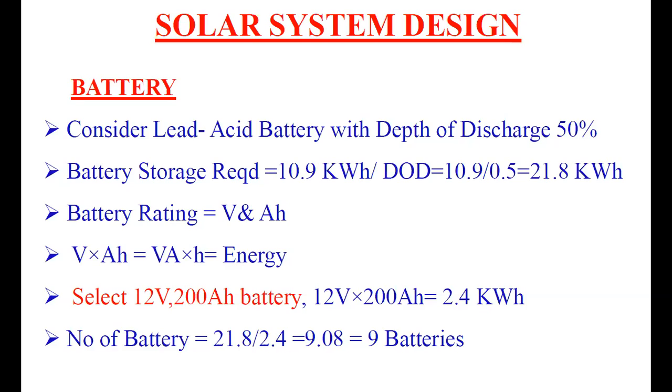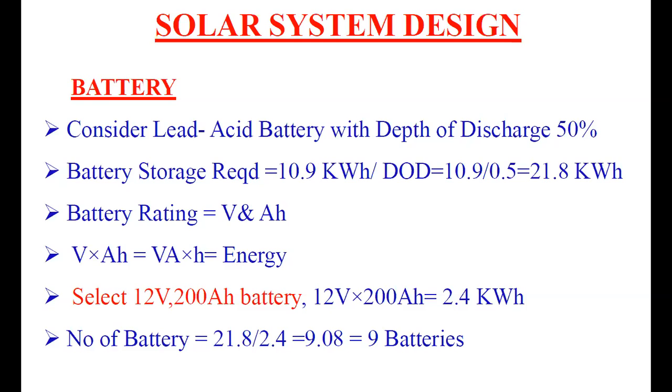That is, we have to store double the energy required for the load. Therefore the lead acid battery has to store 21.8 kWh, or 21.8 units of energy.